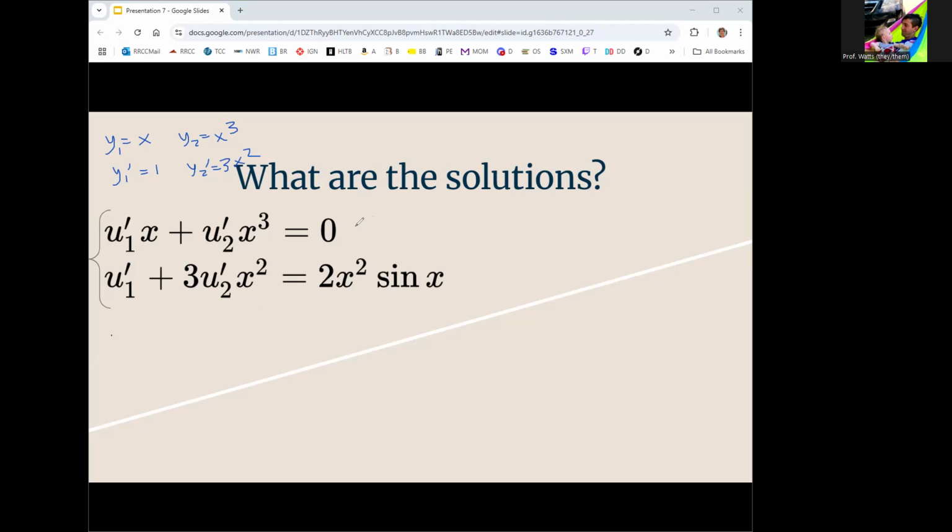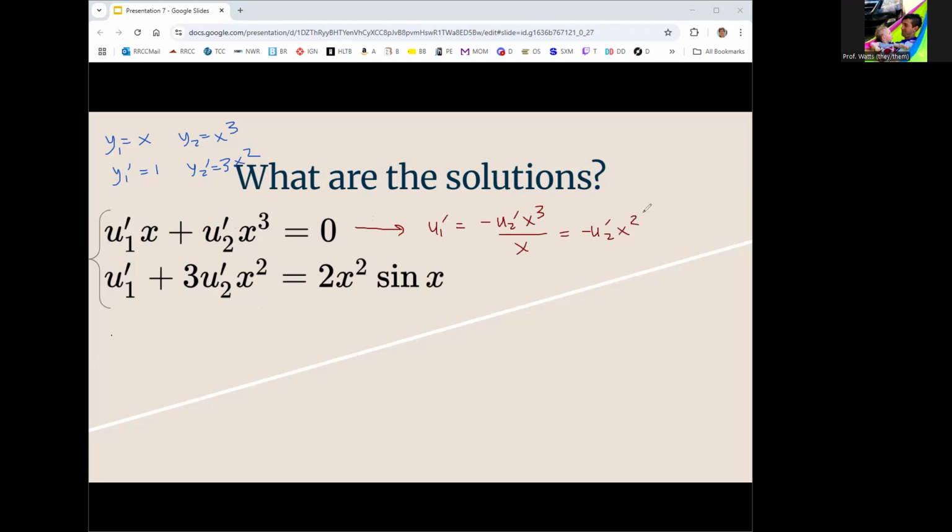With the substitution method, I'm going to solve the simpler equation, which is the top one, for u1. So we're going to subtract the u2 prime x cubed to the other side, so it's negative. And then we're going to divide both sides by x. And then those x's combine, and we get x squared.